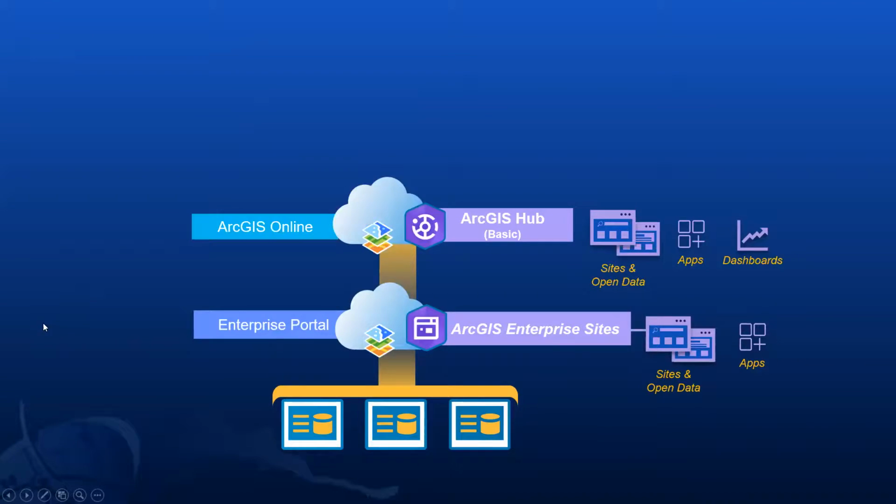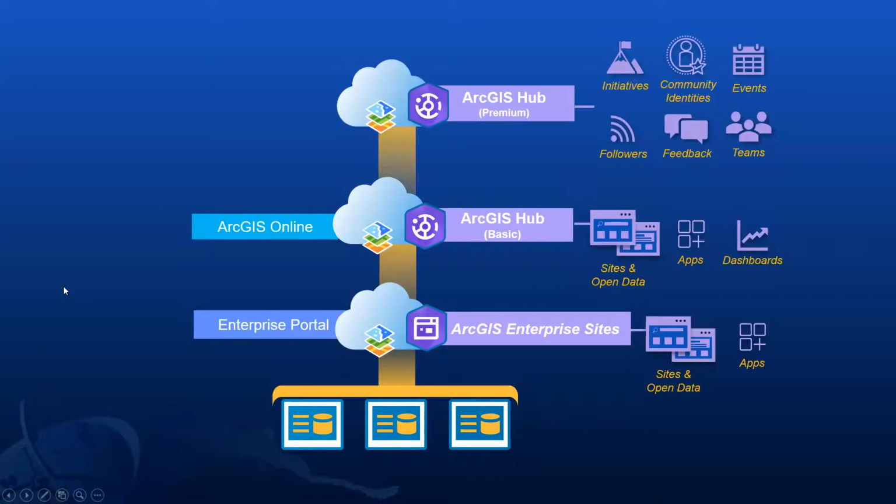Well, we do have this concept of an ArcGIS Enterprise site. This is the enterprise version, if you will, of Hub. This is if you build this on your portal, on your own infrastructure, on premise, or on your cloud premise, which is even a phrase, as opposed to Hub, which is up in ArcGIS Online.